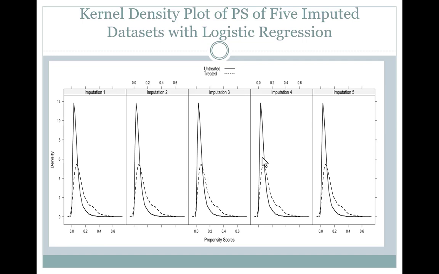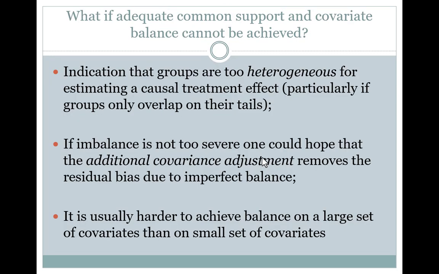Now, if you had imputed data sets, let's say you had 5 imputed data sets from handling the missing data, you would check common support for each imputed data set, which is shown here through kernel density plots, which is another method. If common support is just terrible, it may indicate that the treatment and control groups are too heterogeneous.